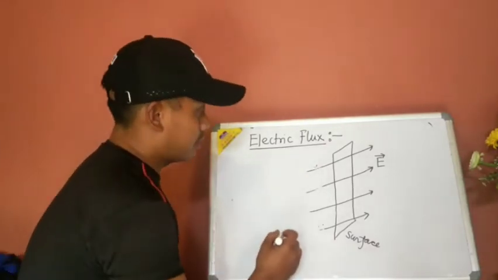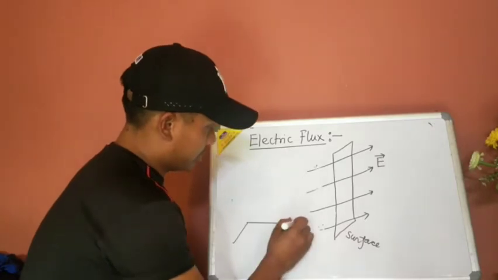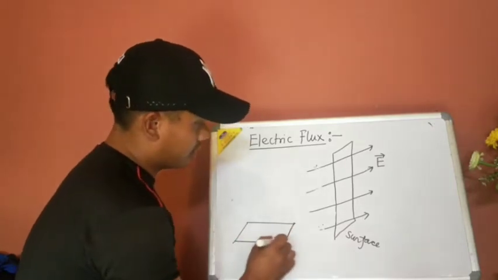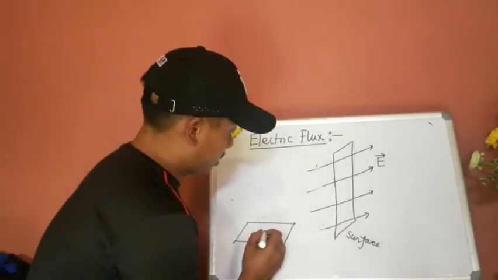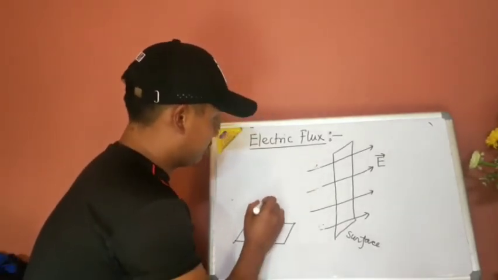For every type of surface, when you have a surface of any shape, it may be square, rectangle, or any geometrical shape, on that surface you can draw a perpendicular like this.